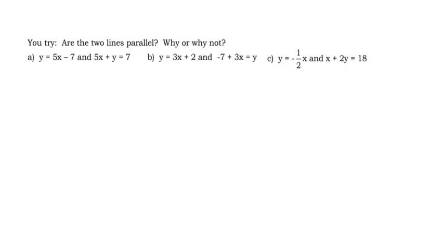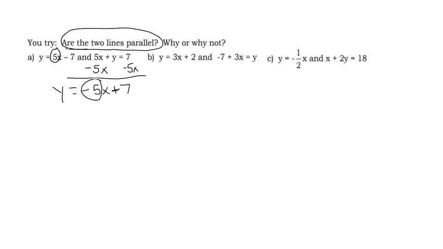Couple more to try. Here we have a slope of 5. We have to get the y by itself. y equals negative 5x plus 7. Well, first of all, negative 5 and positive 5 are not the same.